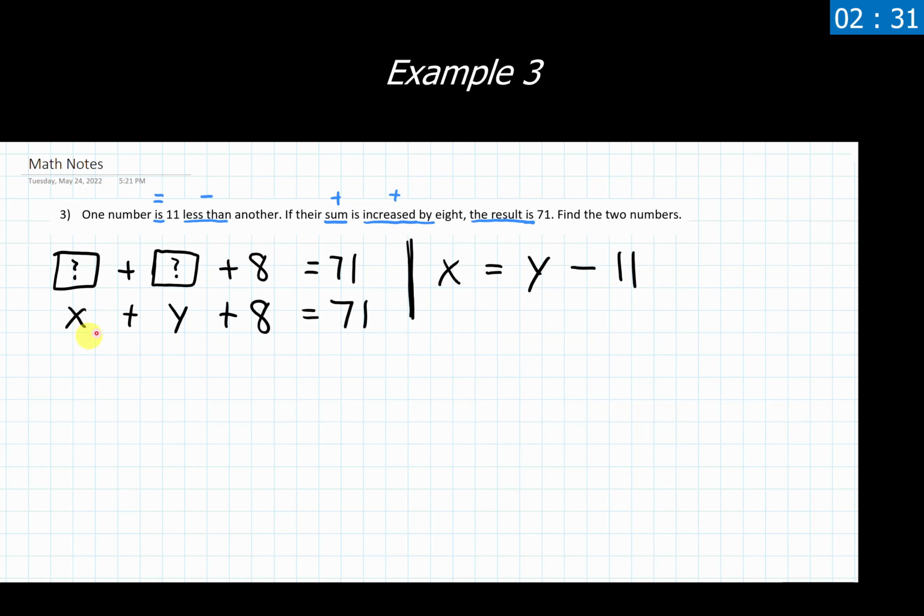So over on this side, I can rewrite this x instead of being x, I can make it y minus 11 plus y plus 8 equals 71. And suddenly, I now have a single equation with one variable in it, and now I can solve this thing and find out what y is.